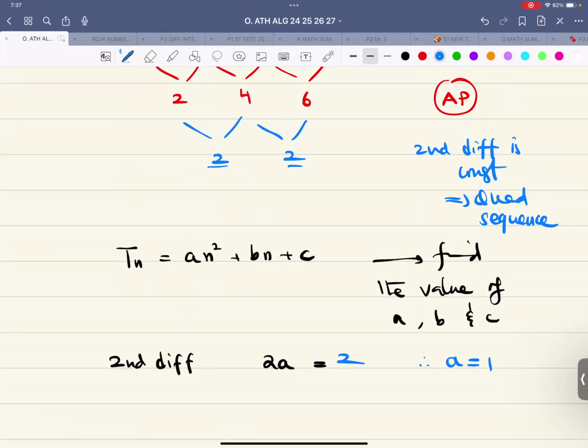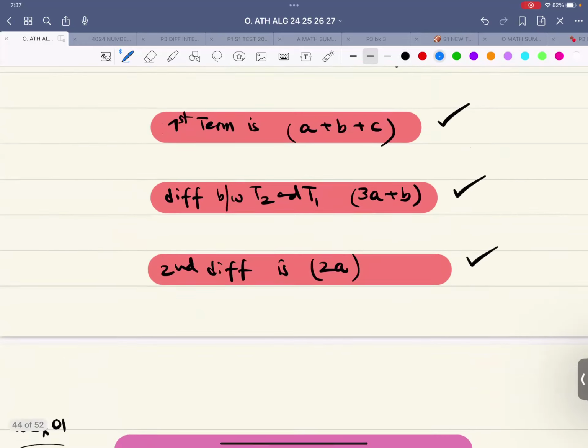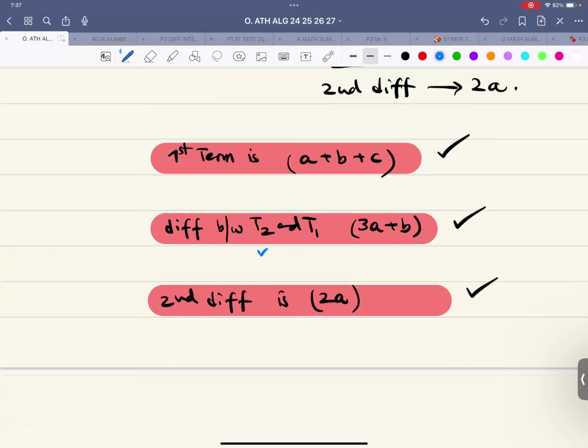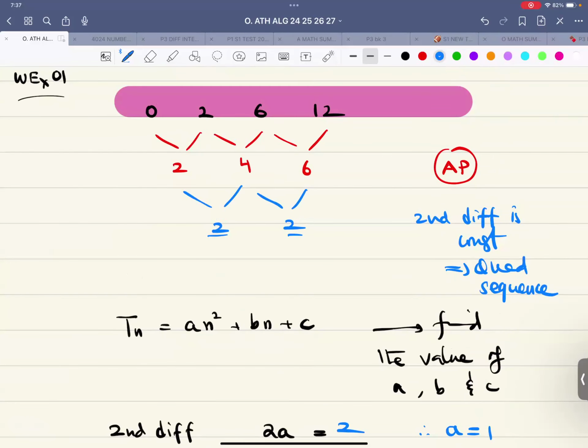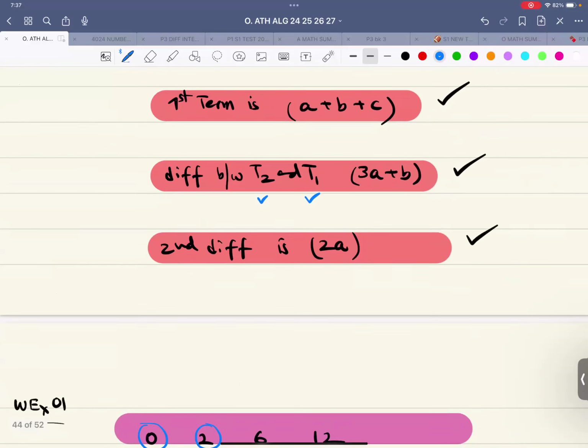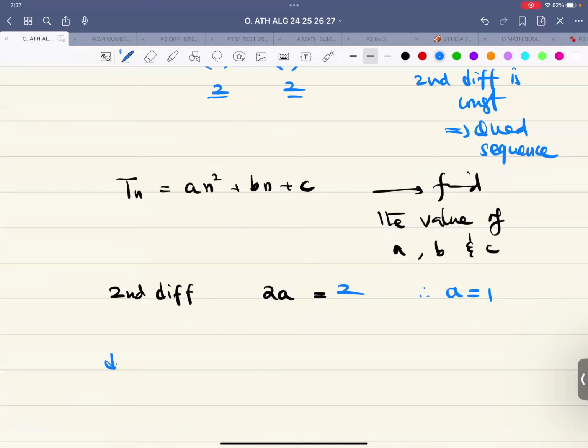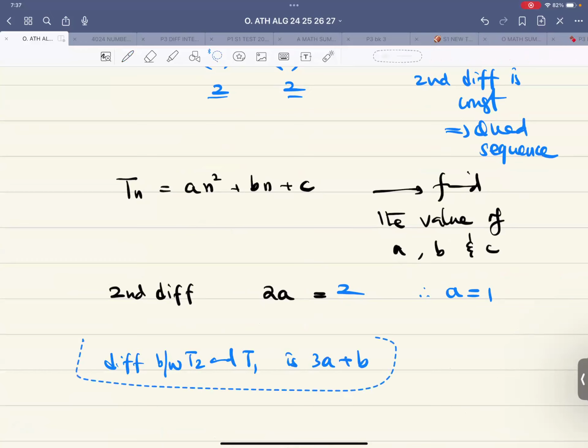That is the first. Now, the difference between T2 and T1 is 3a plus b.